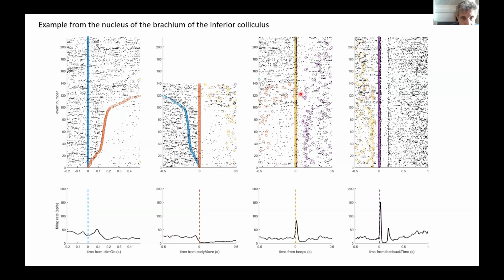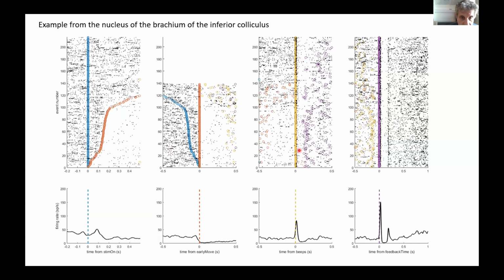If we look now at the reward or the feedback time, be that a reward delivery or a white noise pulse, we see that there's a very, very rapid response to it. And that, oh, I'm sorry, I got this wrong. I forgot about this task variant. This isn't the reward delivery. This is a beep that says to the mouse that it's allowed to make a movement. They often make the movement anyway, but when the beep comes on, that's when the movement is able to deliver a reward.